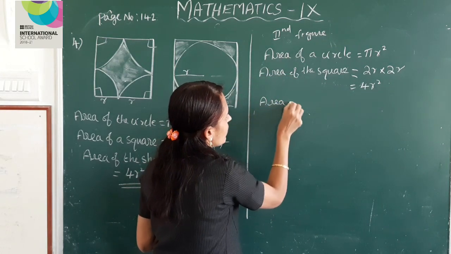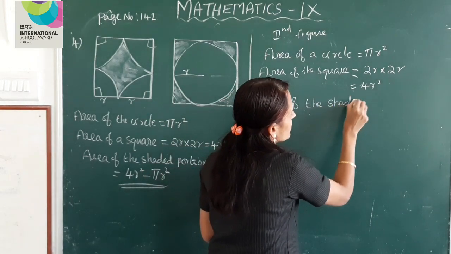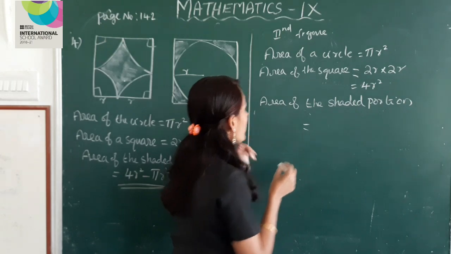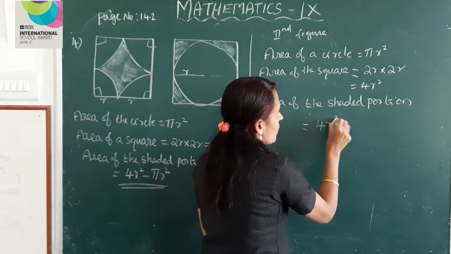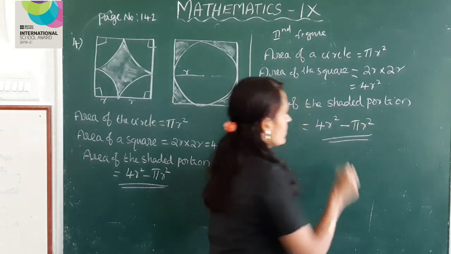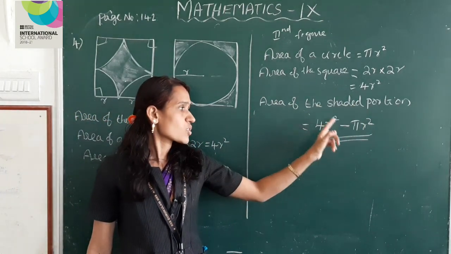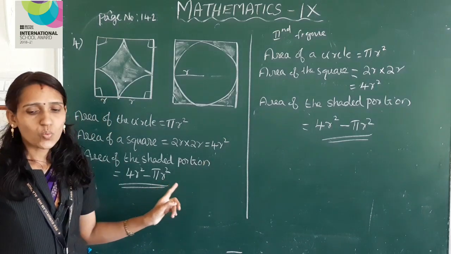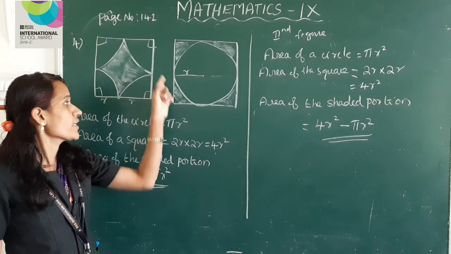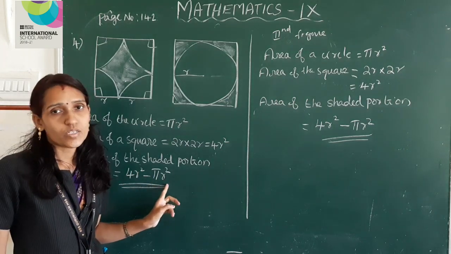Area of the shaded portion is equal to area of the square minus area of the circle, that is pi r square. Now we get area of the shaded portion is equal to 4r square minus pi r square. Okay, now we get areas of the shaded portions are equal, that is 4r square minus pi r square.